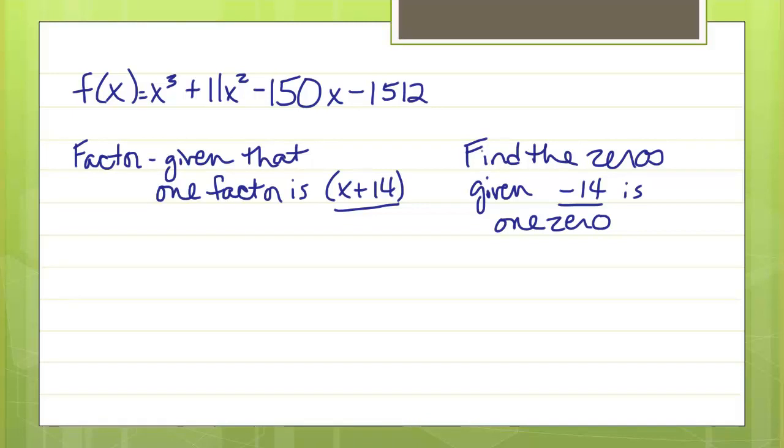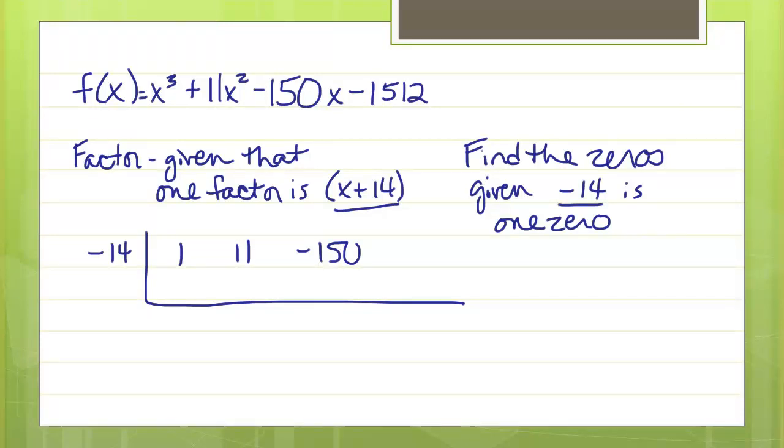So I'm going to do synthetic substitution or division, whichever way you want to think of it, based on what I was given. I'm going to use negative 14 because no matter what I'm doing, I'm using the zero. There's no missing terms in this one, so I've got 1, 11, negative 150, and negative 1512. I'm going to bring down my 1, negative 14, negative 3, positive 42.